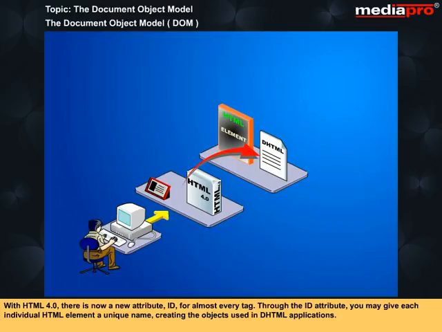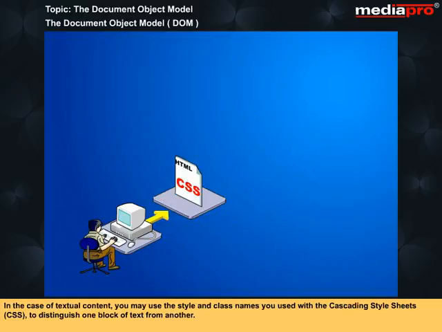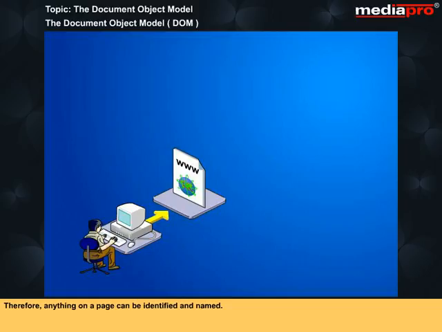Through the ID attribute, you may give each individual HTML element a unique name, creating the objects used in DHTML applications. In the case of textual content, you may use the style and class names you used with Cascading Style Sheets, CSS, to distinguish one block of text from another. Therefore, anything on a page can be identified and named.